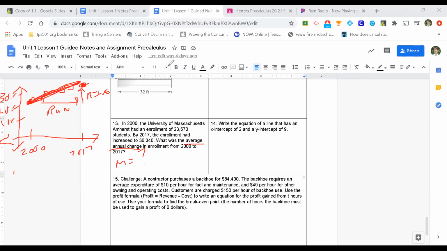So then use your points. Make sure x is your time, and then y is your people. So I would have my points as (0, 23,570) and (17, 30,340). It's my x1, y1, x sub 2, y sub 2.